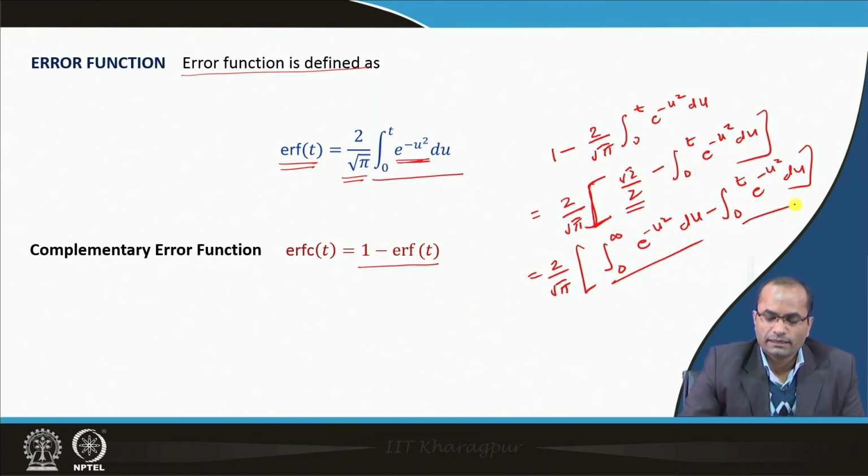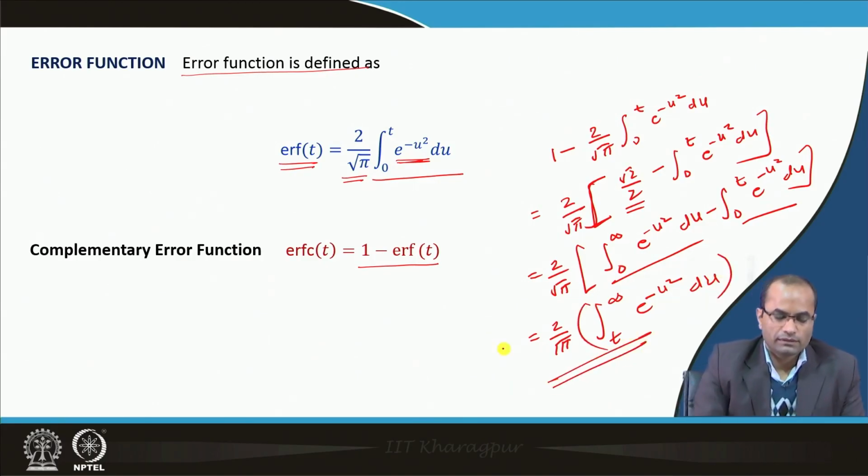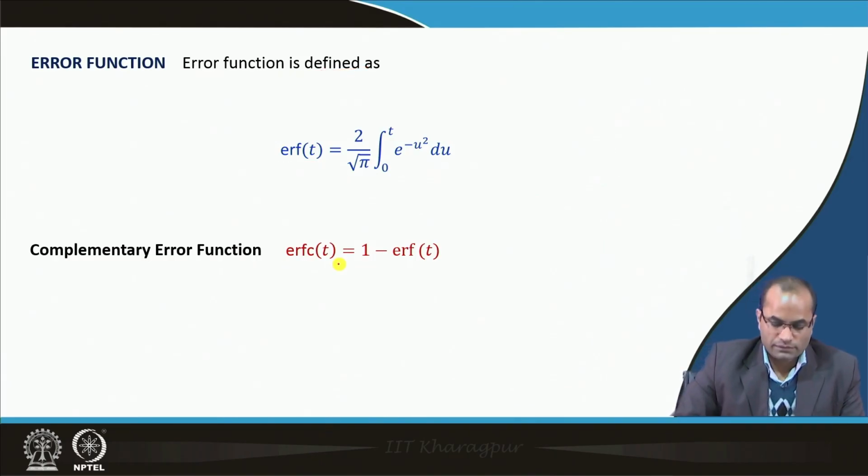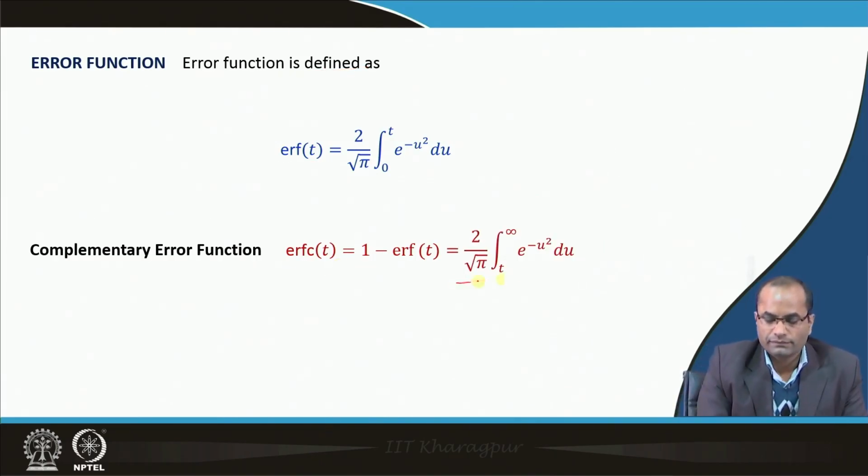So, this can be again written as 2 over square root pi, and this integral can go now from t to infinity e power minus u square du. So, that is the complementary error function, which is exactly given here.